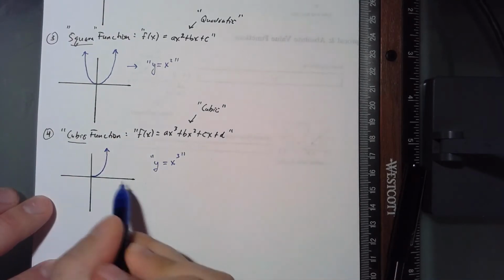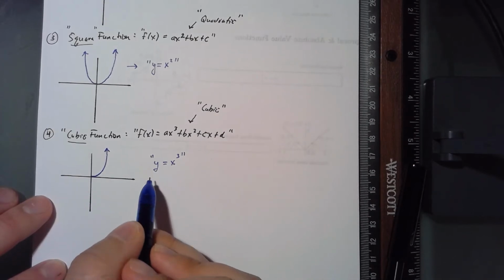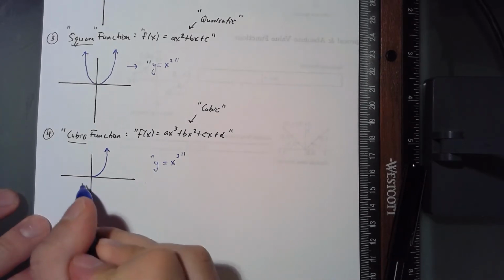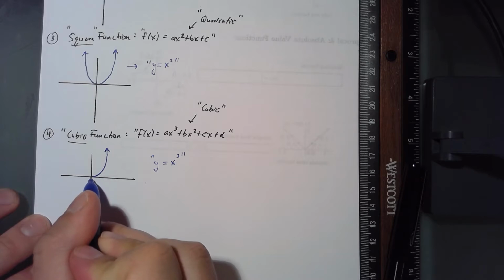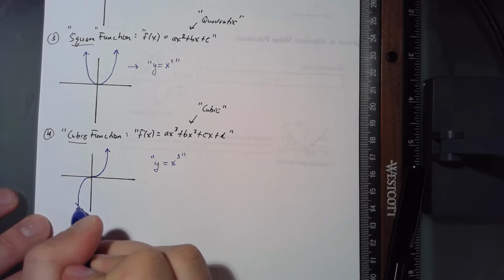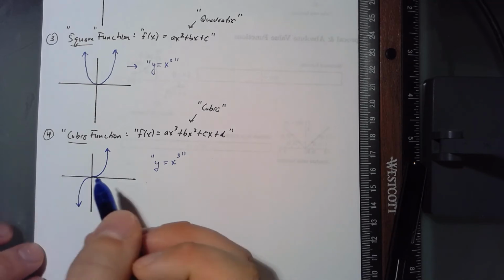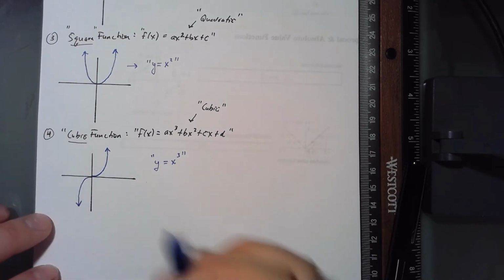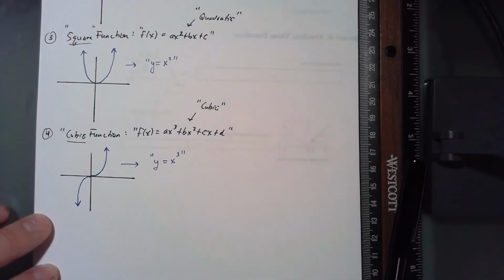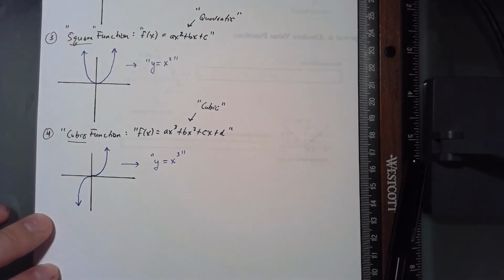But then because this is actually an odd function and has symmetry to the origin, it's going to do this as well. So it's going to reflect about the y-axis and then the x-axis. And you should be able to recognize these patterns pretty quickly.